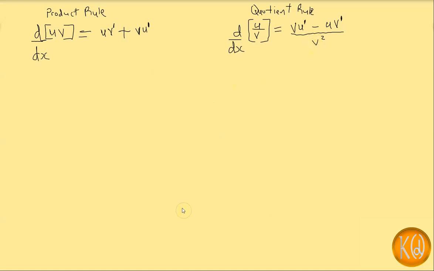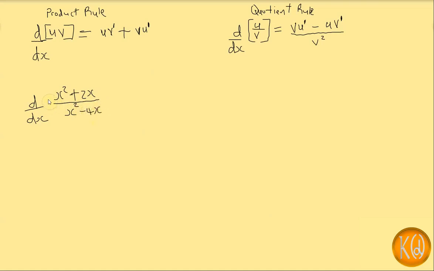Okay, so let's apply the quotient rule to a problem. Let's say we're asked to find d dx of x squared plus 2x upon x squared minus 4x.